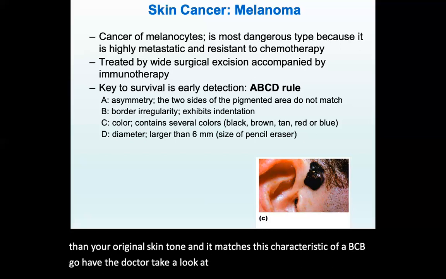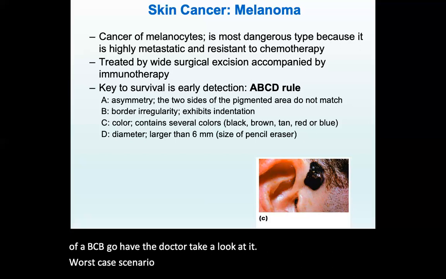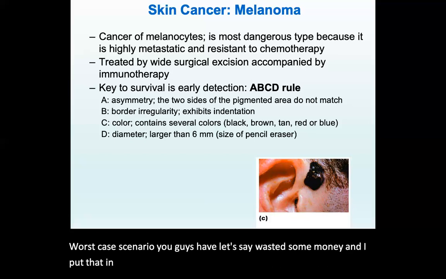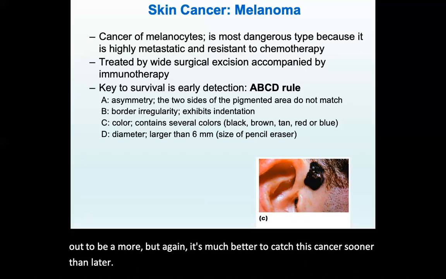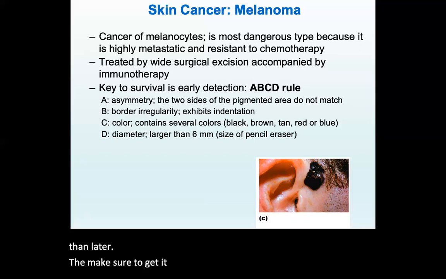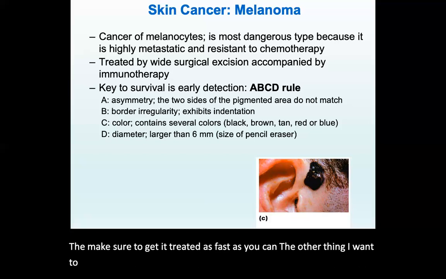You know, worst case scenario, you have, let's say, wasted some money, and I put that in quotes, going to see a doctor about a mole, and it turns out to be a mole. But again, it's much better to catch this cancer sooner than later, and make sure to get it treated as fast as you can.